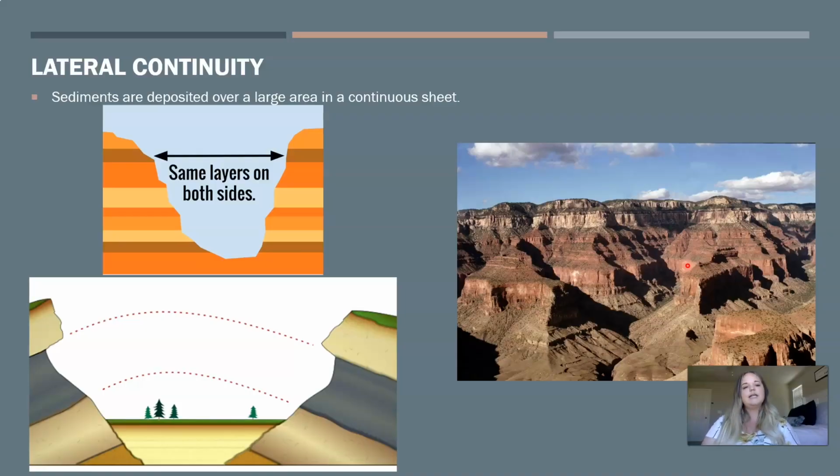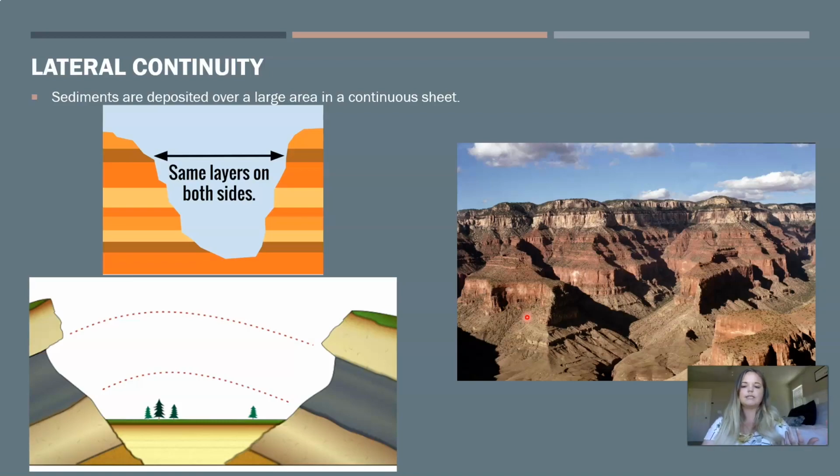All right, another one is lateral continuity. So as rocks are weathered, especially by rivers, you will see this valley form. Sometimes it's a V-shaped valley, sometimes you end up with some more U-shaped valleys. And those valleys separate rock units, but that doesn't mean that the rock units on either side are different.